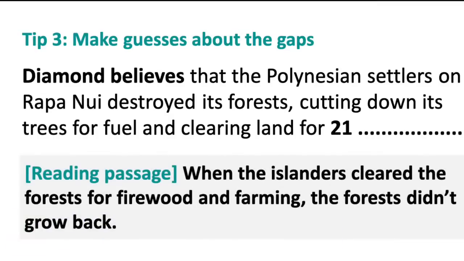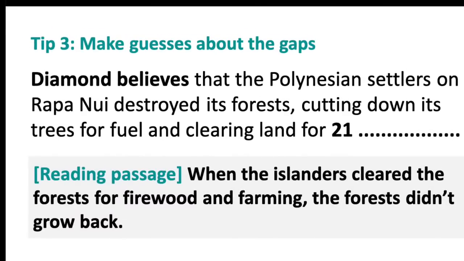Cleared the forests for two things. One is firewood. What's the synonym for firewood in the summary?